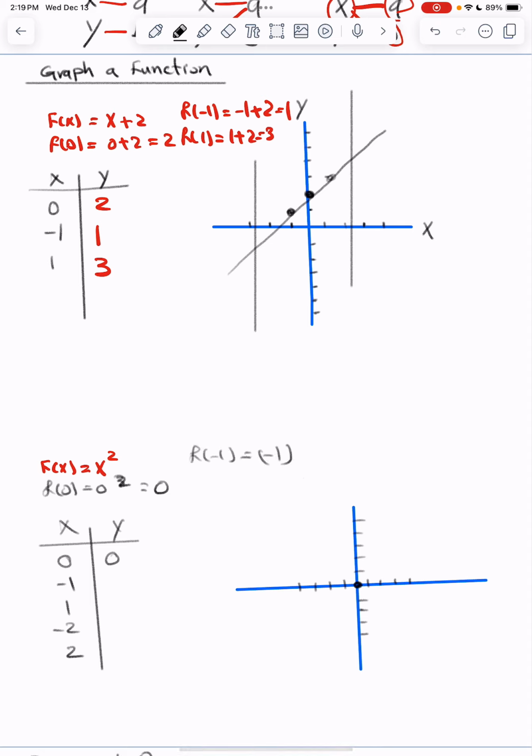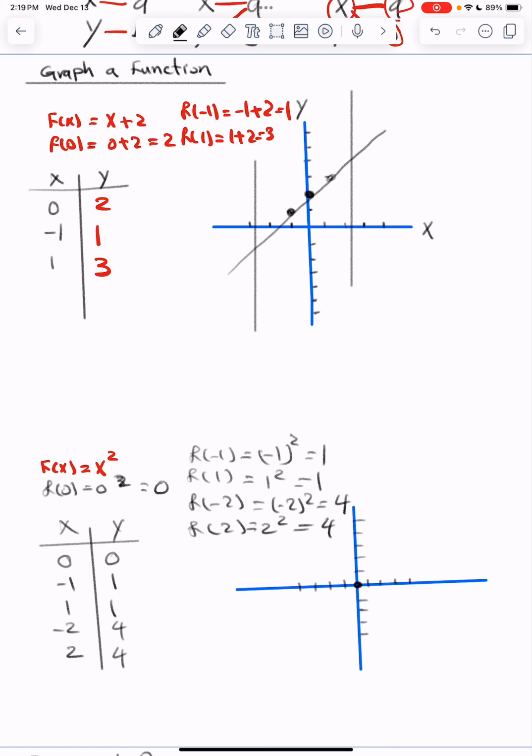Negative 1 to the power of 2 becomes a positive 1. And f of positive 1 also is positive 1. So for both of these, we have 1. For negative 2 and 2, we have negative 2 to the power of 2, which is positive 4. And the same thing for 2. 2 to the power of 2 becomes 4. So we have 4 for both of these.